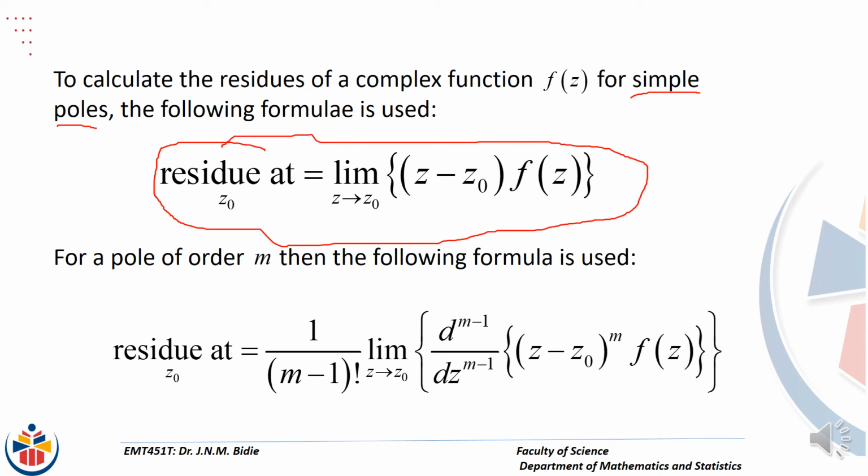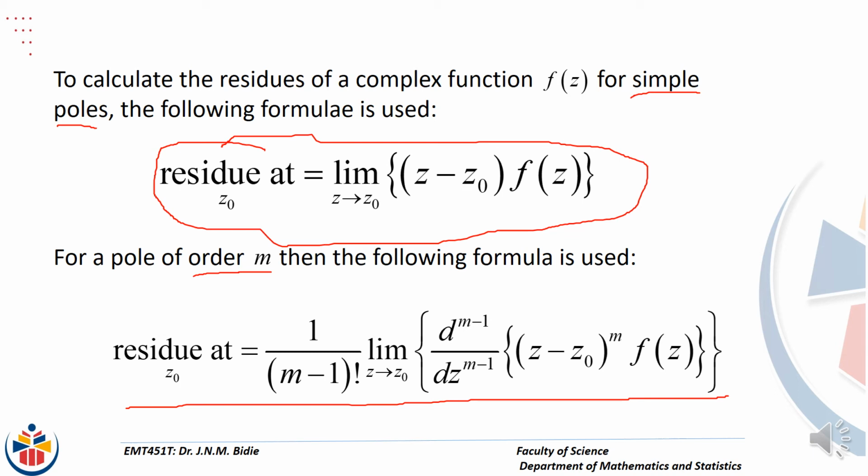Please note that we have the limit as z approaches that pole, and we multiply f of z by the factor that gave us that particular pole to eliminate z minus z naught from the denominator of f of z before substituting z naught. But if the pole is of order m, then the second formula to use requires that we also accommodate the order.